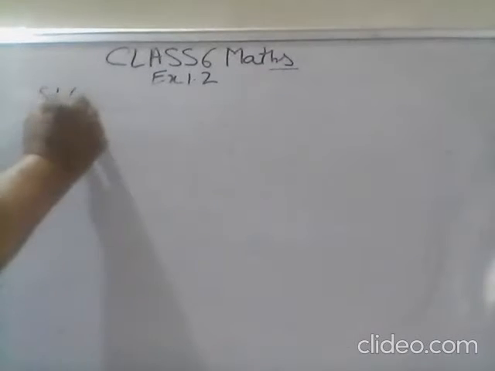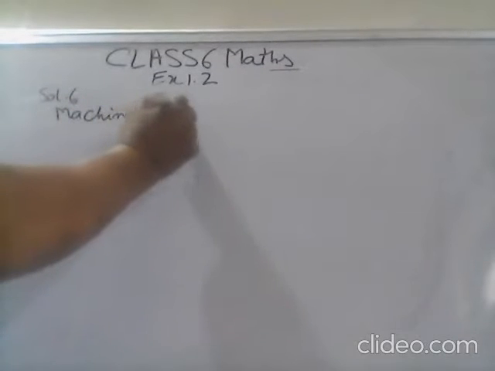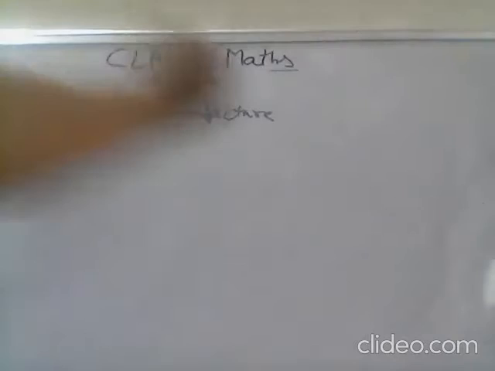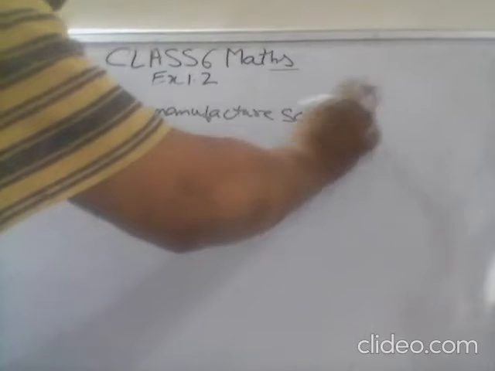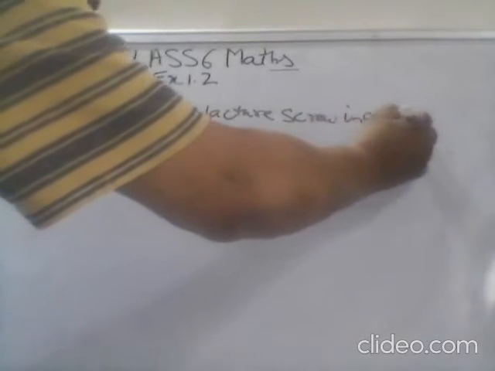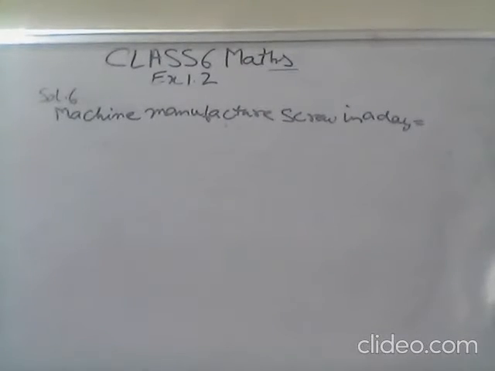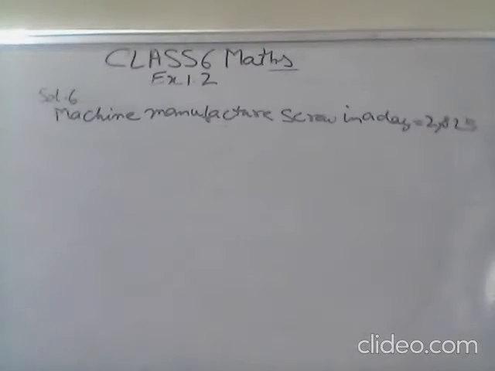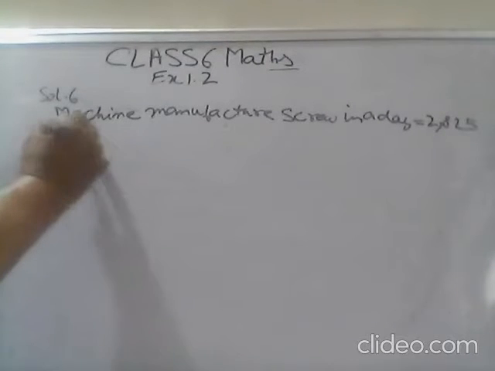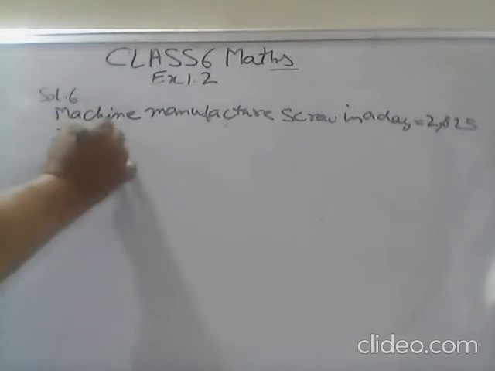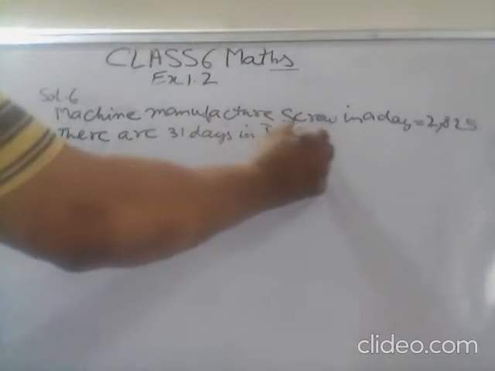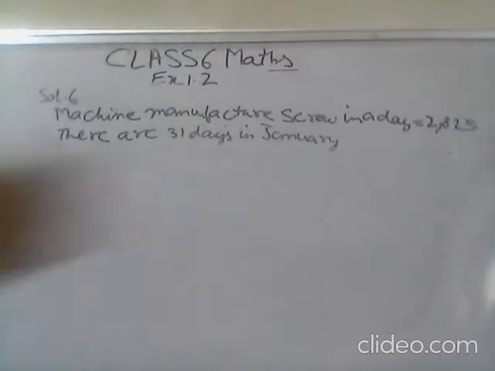Machine manufactures screws in a day 2,825. There are 31 days in January 2006.